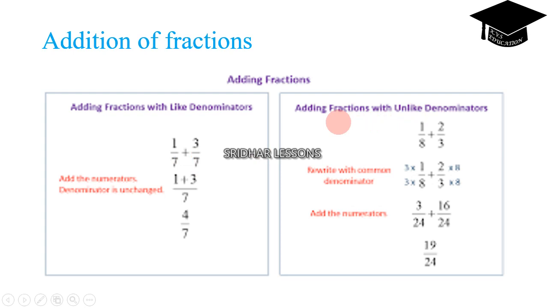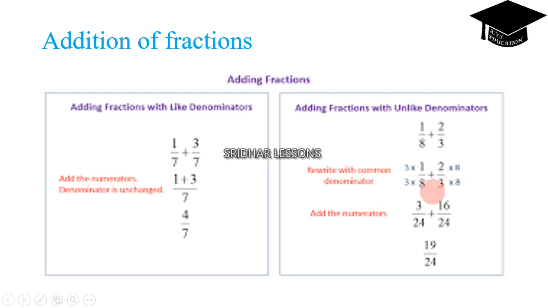And the second case, adding fractions with unlike denominators, for example 1 by 8 and 2 by 3. So we have to rewrite them with a common denominator: 3 into 1 by 8, and 2 by 3 into 8 by 8.